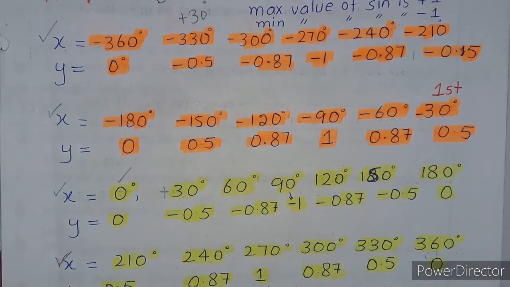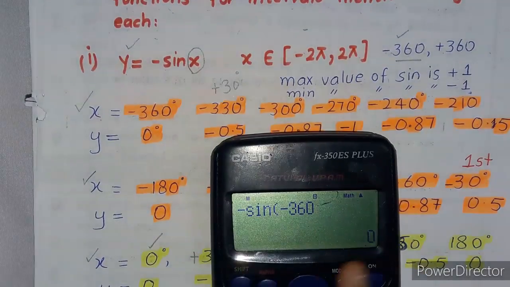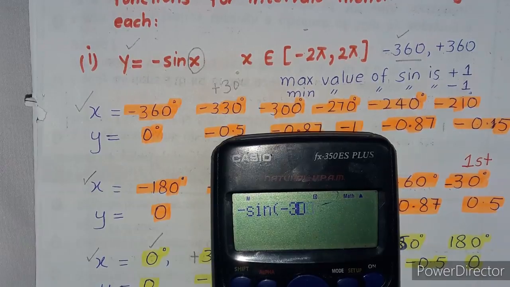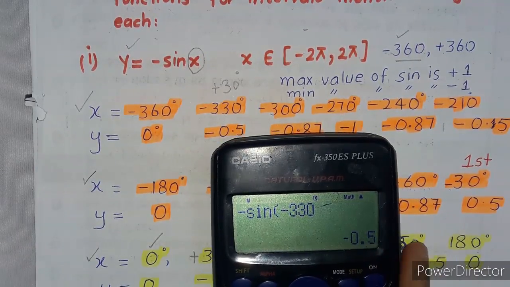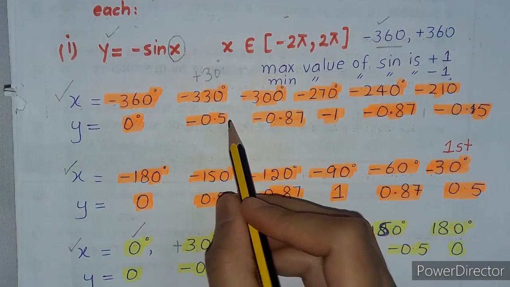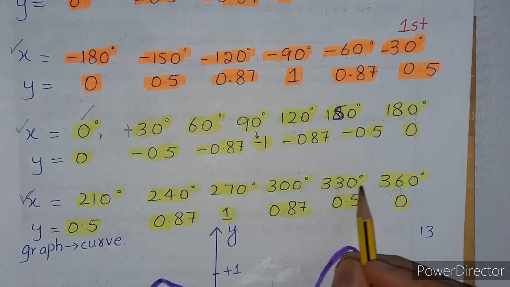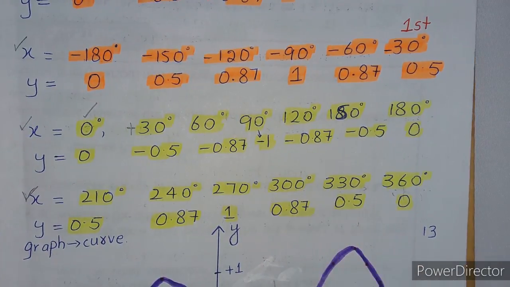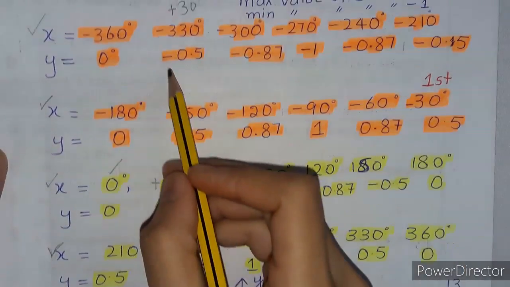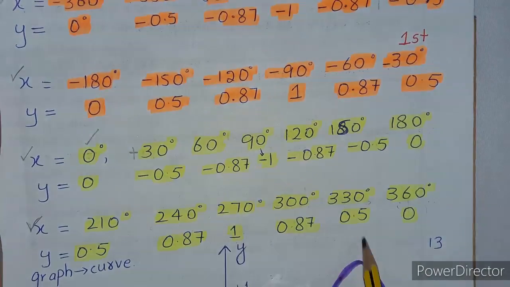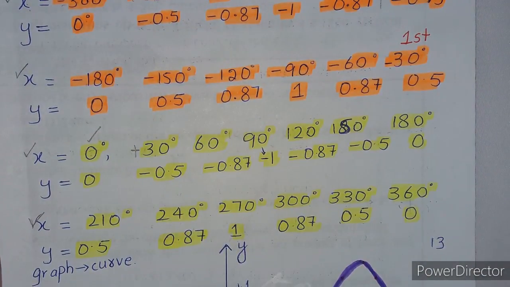Okay, first step. Then we will put the value of 330. Minus sine 330 is minus 0.5, so we write minus 0.5 here, and for minus 330 and plus 330 there is just a difference of sign, so we write minus 0.5 here and plus 0.5 here.